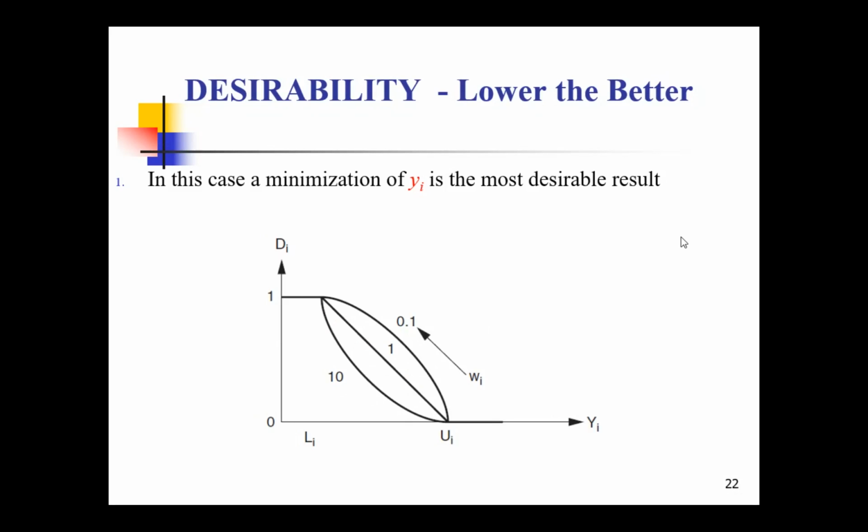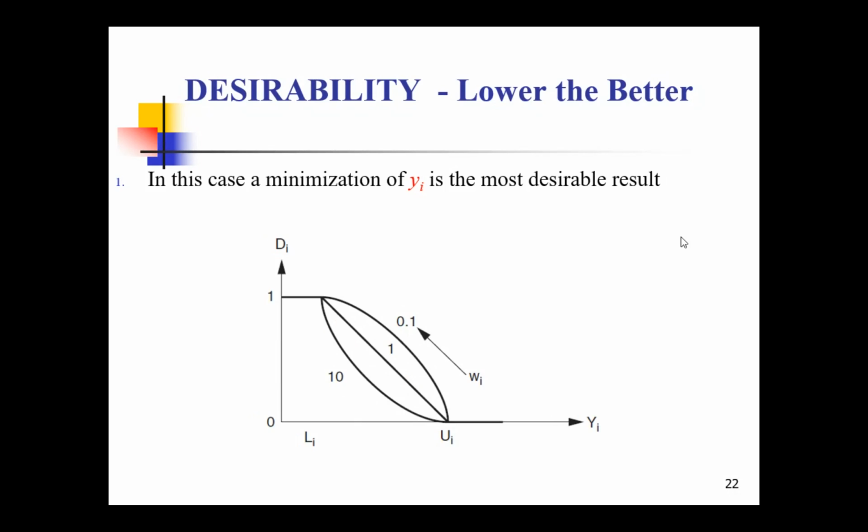Here comes the lower-the-better condition. For example, consider surface roughness. The surface roughness has to be as low as possible. So from the upper limit, the ideal condition moves towards the lower limit.